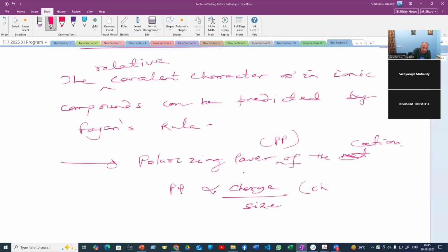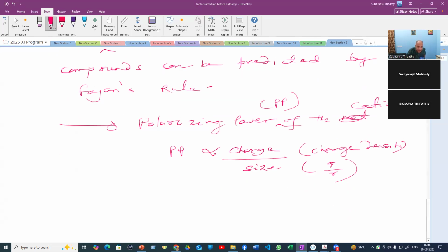That is charge density, Q by size, supposing radius. Ionic radius, I am not talking of the cationic radius. The more the charge, the less the size, the charge density of the cation will be high.